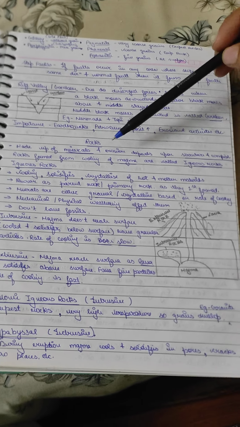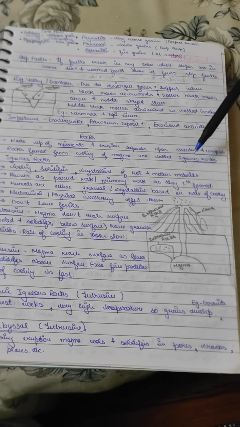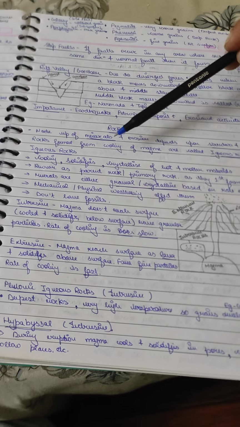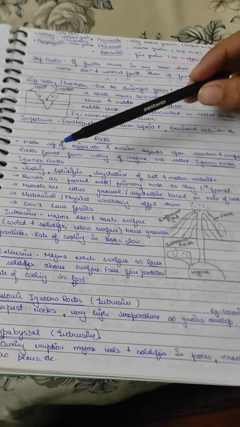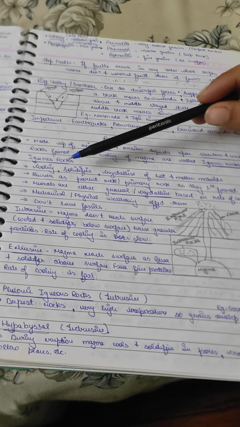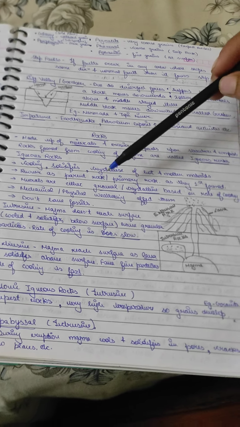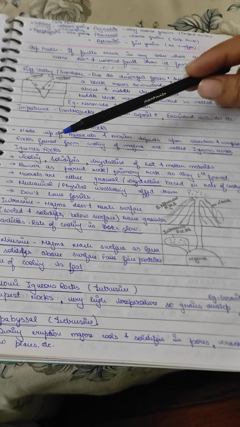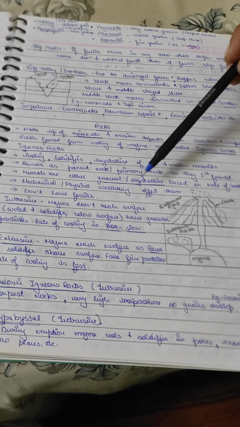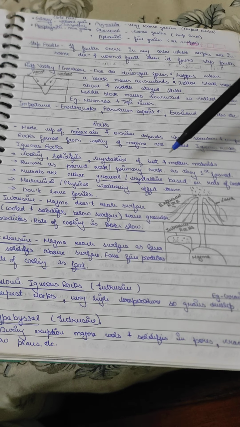Rocks are made up of minerals. Erosion depends upon structural compression. Rocks formed by the cooling of magma are called igneous rocks. Classification of igneous rocks: cooling solidifies and crystallizes hot and molten materials, known as the parent rock, or primary rock, as their first form.